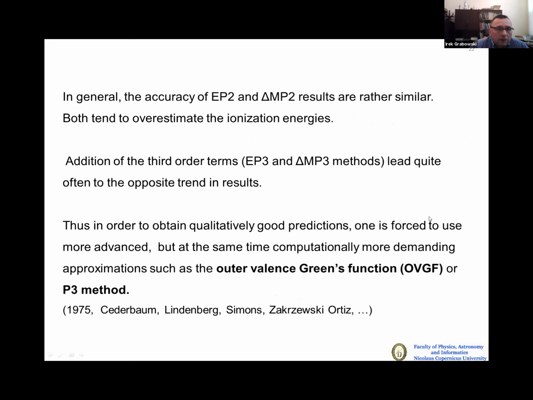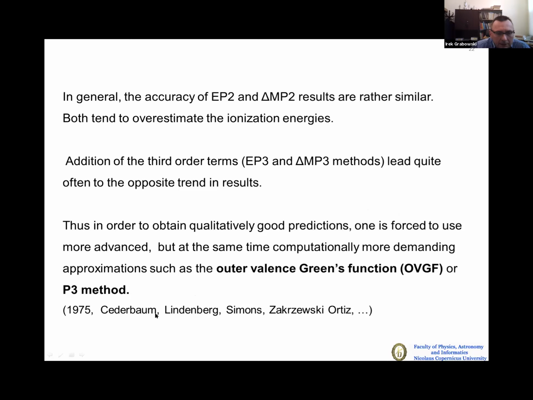Okay, so in general, the accuracy of the second order methods is not really good. They overestimate the ionization energies. So from the 70s in the previous century, people had to go to the higher orders, and they proposed methods like outer valence Green's function theory, or P3 or P3 plus methods.